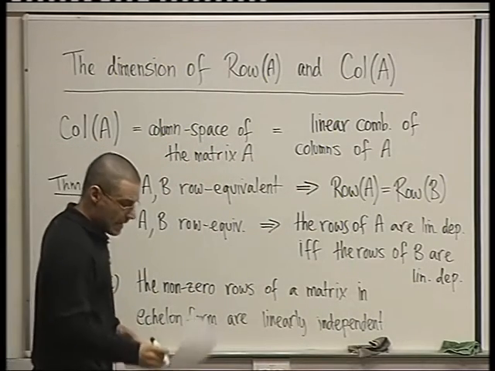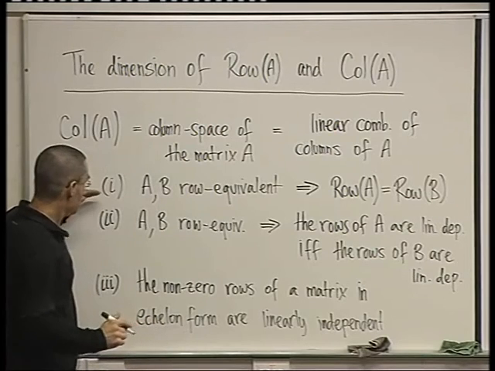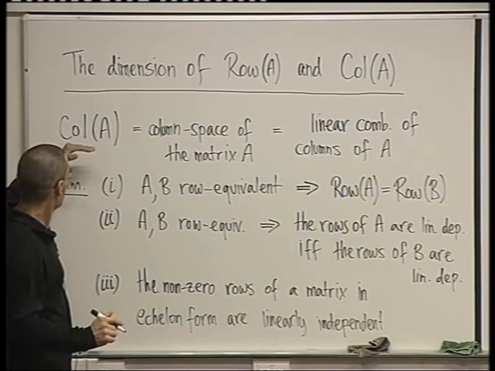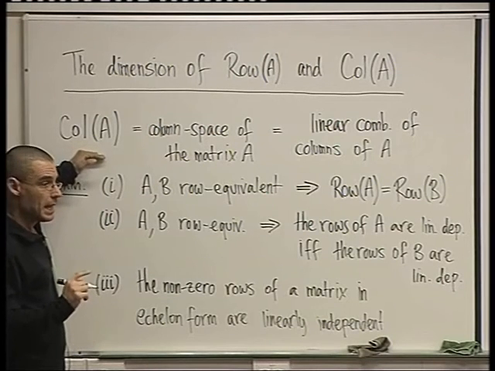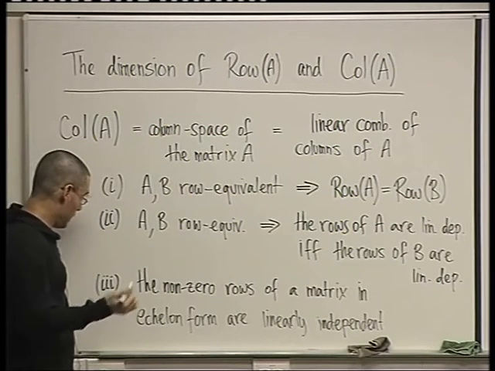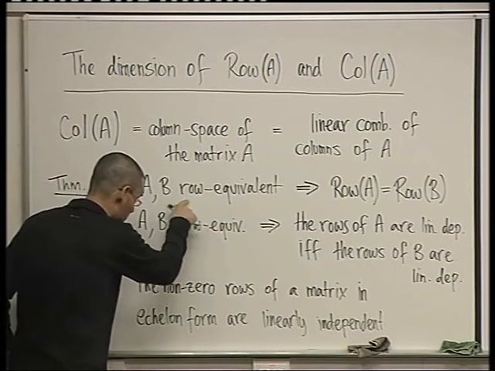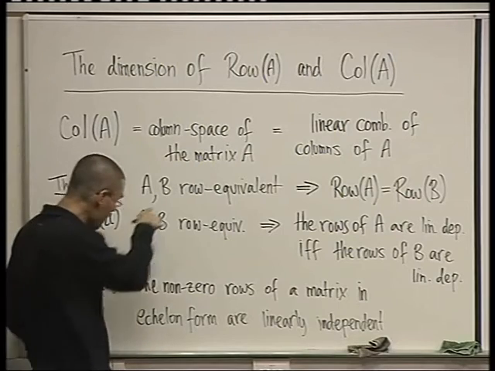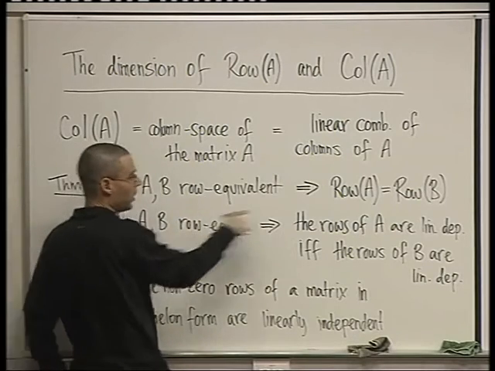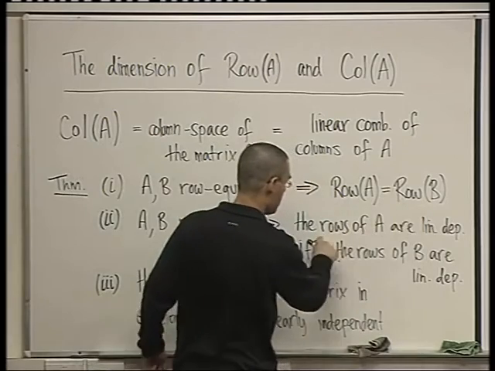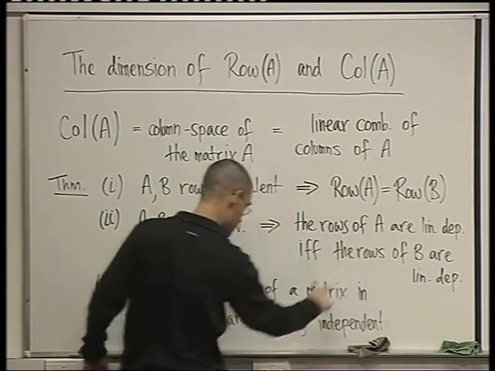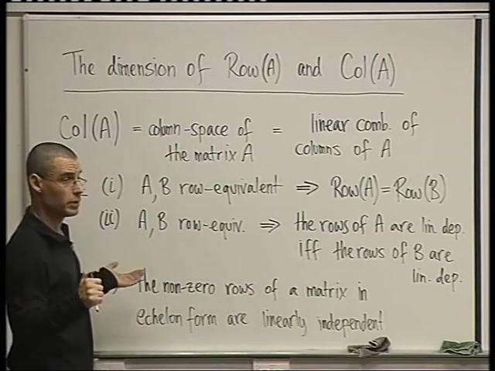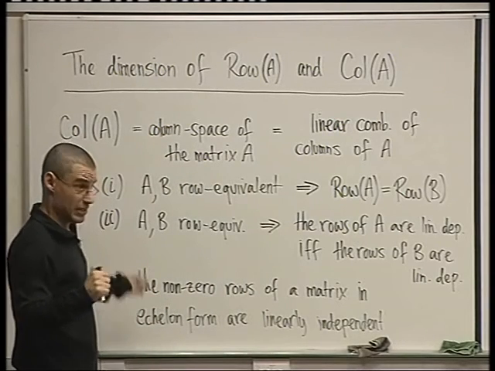Now, do these theorems hold for col of A? Well, they're not theorems about col of A, they're theorems about rows. Rephrasing the question: suppose I changed here to column, and here to column, and here to col of A, and col of B, and columns, and so on. Would these theorems hold? The answer is yes.